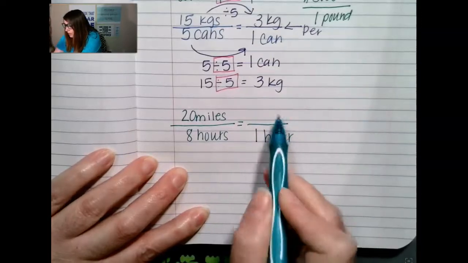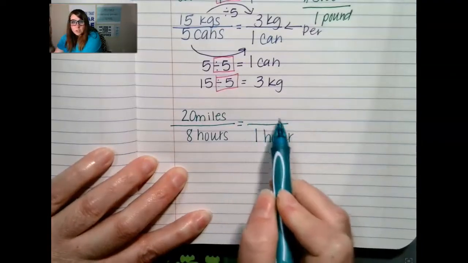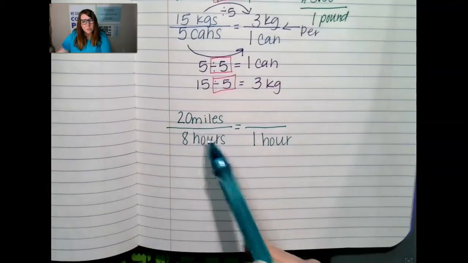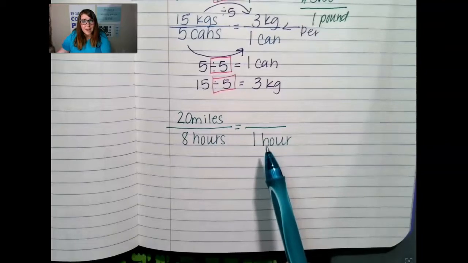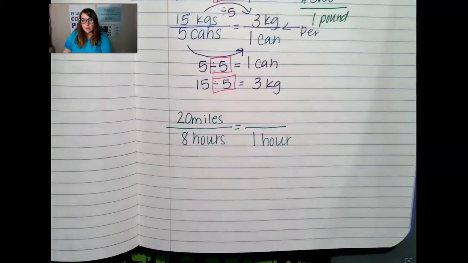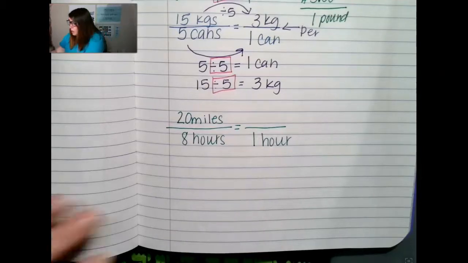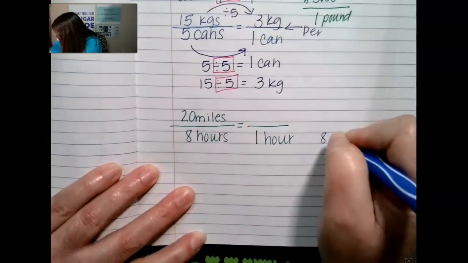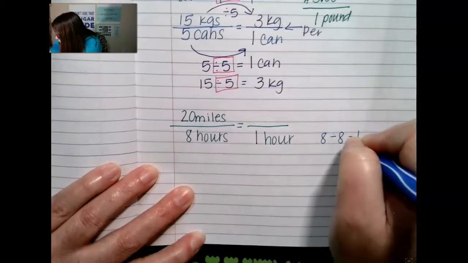Our job is to find out what goes on top. So how did I get from 8 hours down to 1 hour? Well, I divided, right? 8 divided by something gets me 1 hour. Well, 8 divided by 8 equals 1.